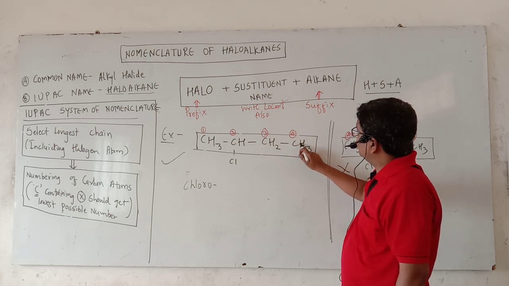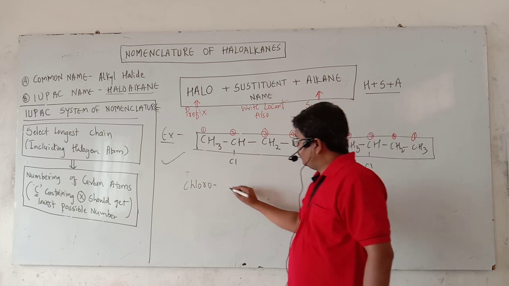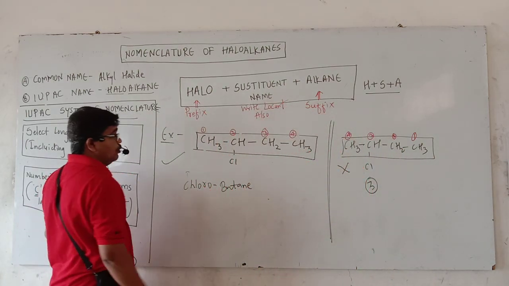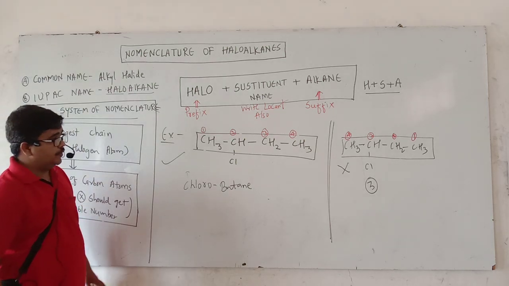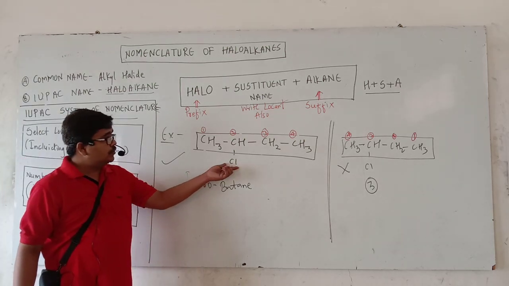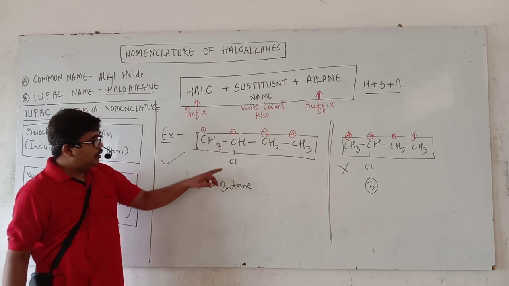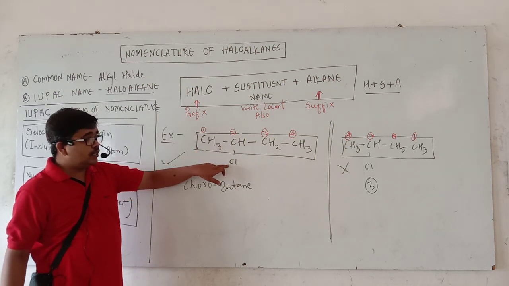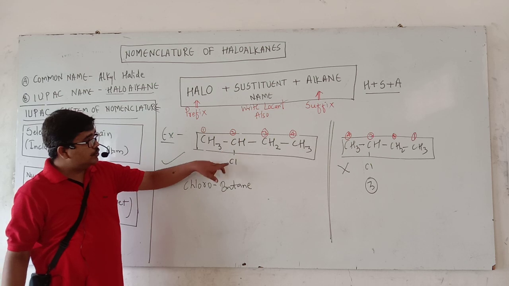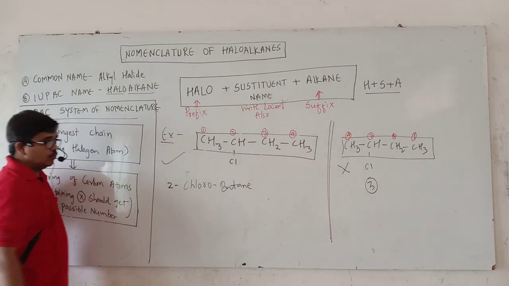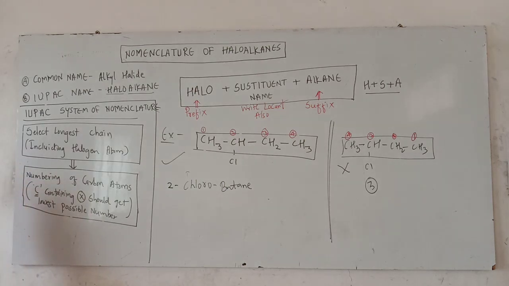So 4 carbon atoms means alkane will be butane. Now if halogen is attached to middle carbon atoms, then you have to write number of carbon to which the halogen is attached. So here halogen is attached to carbon number 2. So before chloro, write 2. So it is 2-chlorobutane.